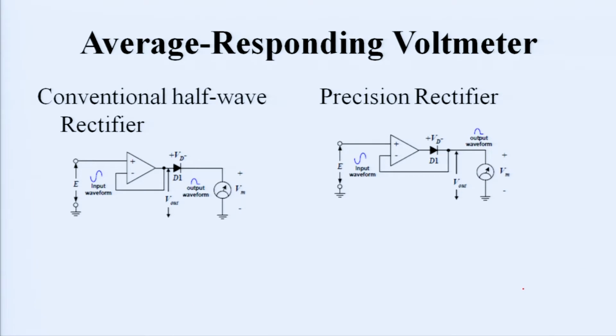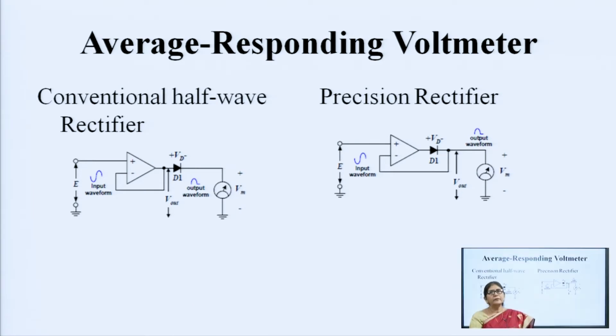So, this is the average responding voltmeter. In it, as I told you previously, if we want the non-linearity of the diode not to affect the response of this PMMC instrument, then we have to use a very high value of resistance. Again, if we are using a high value of resistance, what is the problem?